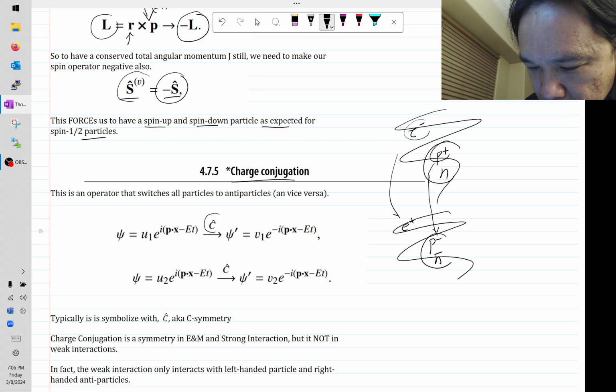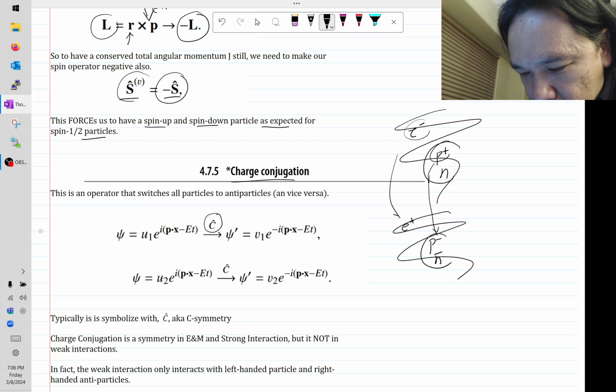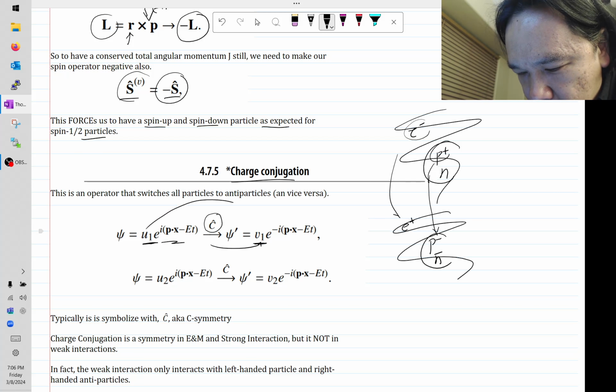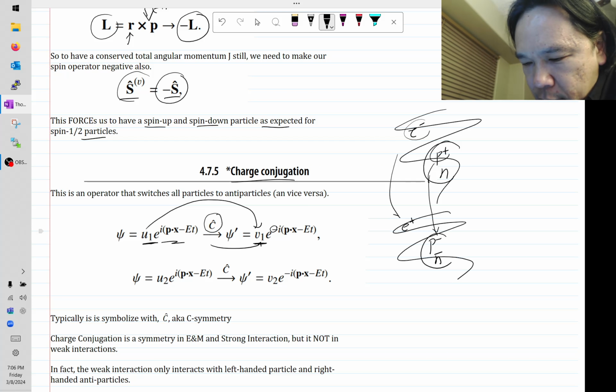This transformation is known as charge conjugation, and it's usually done with a capital C operation. What this does is transform whatever particle state you have into its antiparticle state. So it changes U's to V's. It also puts an additional negative sign in front.